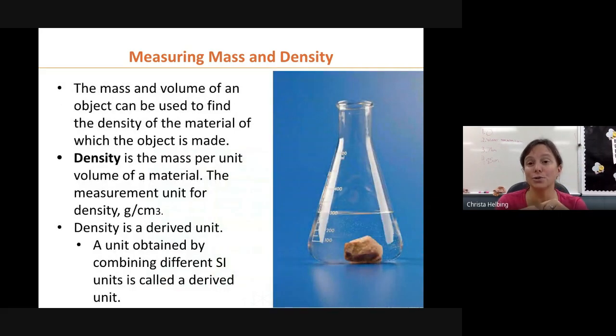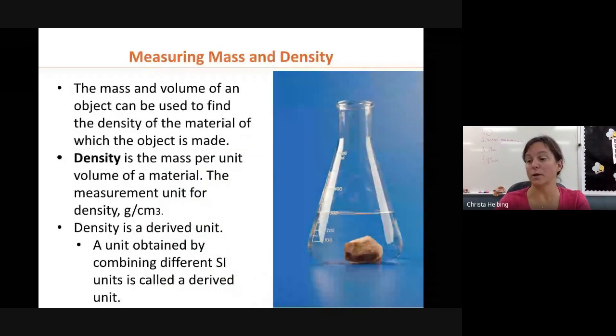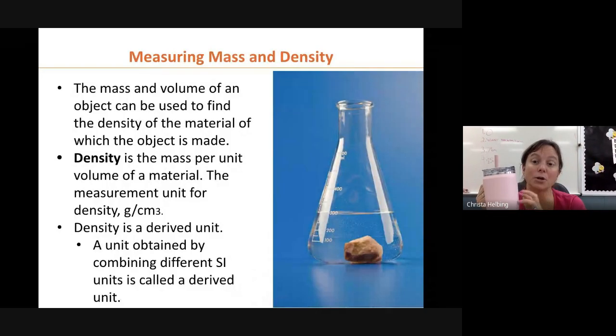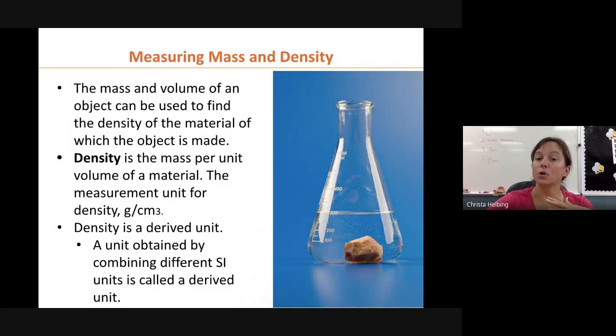I can also do that with displacement. So I can take my water and put an object in there and see how much the object displaces, and I could actually find the density, because how much that water moved when I put the object in there would give me my volume, right? And then I could measure the mass of it. So when we're looking at density, what we're actually measuring is grams, how much mass, grams per centimeter cubed.